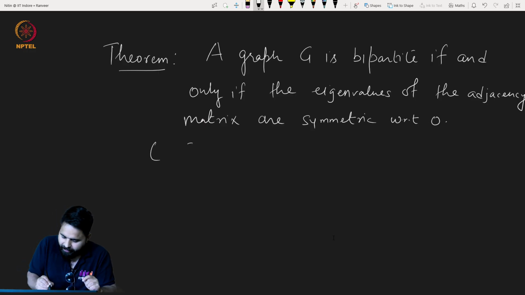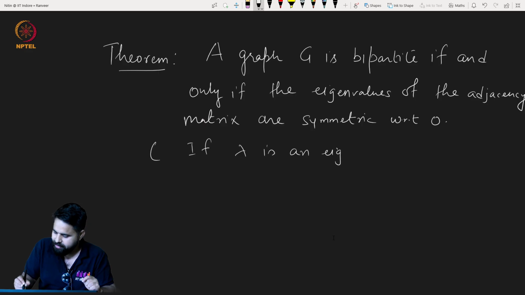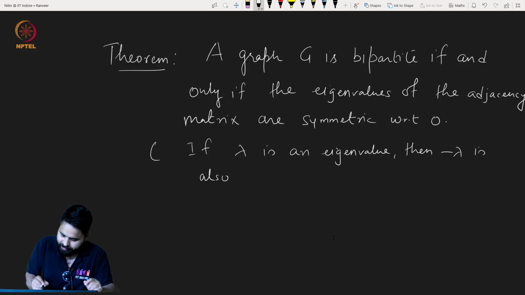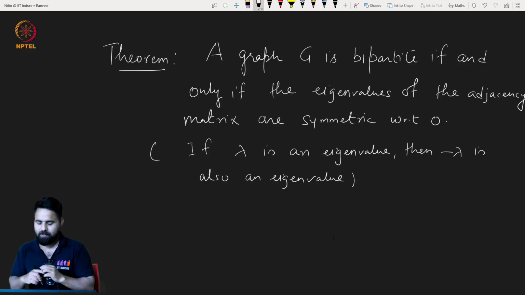Basically it means that if lambda is an eigenvalue, then minus lambda is also an eigenvalue. How to prove this beautiful fact?